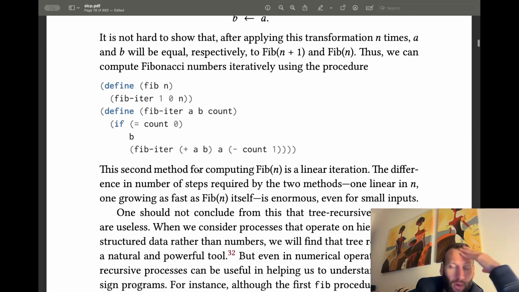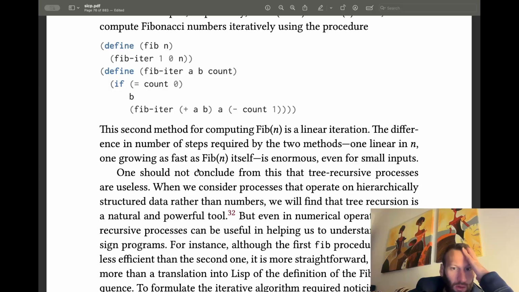This method for computing fib of n is a linear iteration. The difference in the number of steps required by the two methods, the difference in time complexity, one linear in n, one growing as fast as fib of n itself, is enormous, even for small inputs.